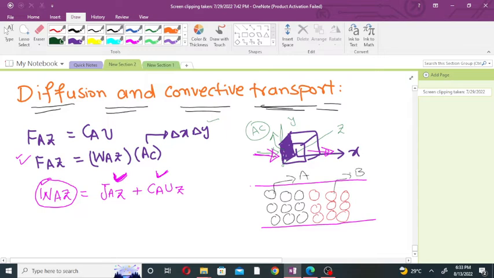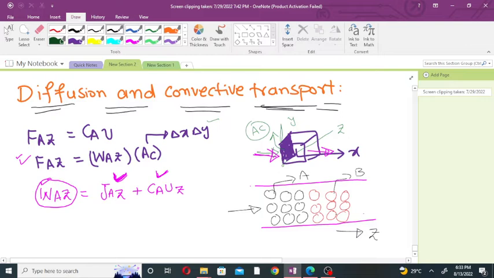Now the molar flux of component A will be, suppose this is the z direction, and this is a flow system with the entrance and this is the outlet.